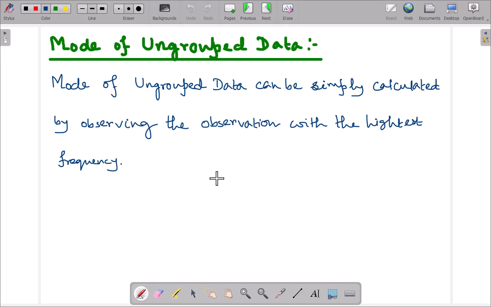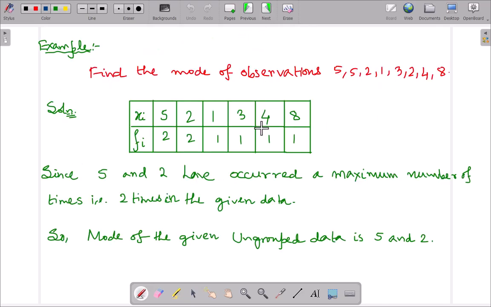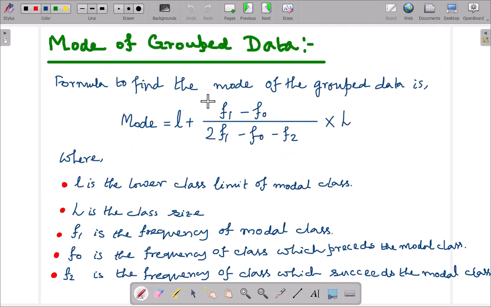The mode of ungrouped data can be simply calculated by observing the observation with the highest frequencies. In this example, we see the frequency of 5 is 2 and frequency of 2 is 2 and the frequency of other elements is 1. So, the mode of this ungrouped data is 5 and 2.